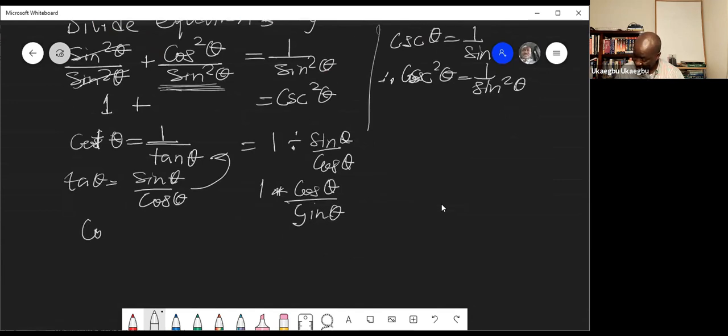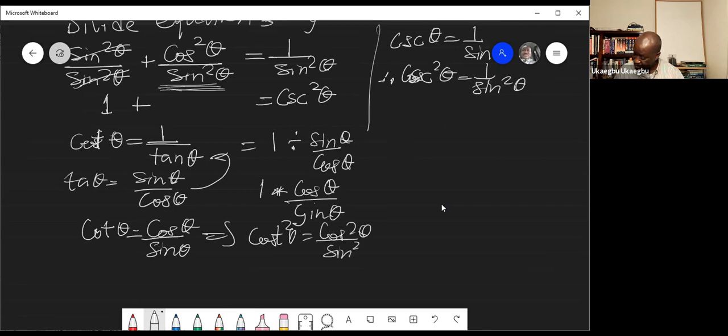So cotangent of theta is equal to cos theta over sine theta. If you square it, cot square theta is equal to cos square theta over sine square theta.